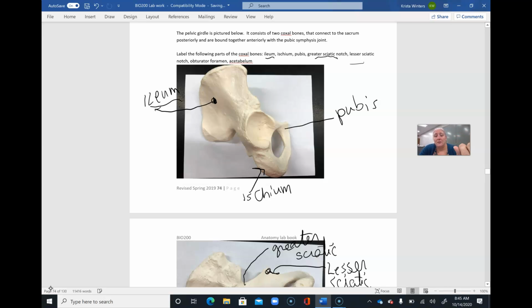For those who don't know, the sciatic nerve is a very long nerve that runs from the sacral plexus and innervates the leg.